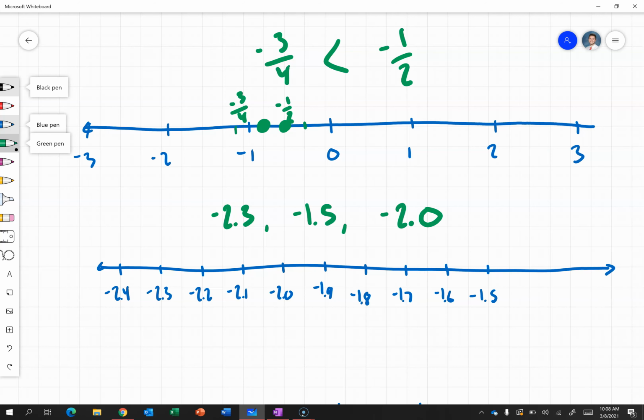So if we wanted to graph these 3 points, we can see here's negative 2.3, here's negative 1.5, and here's negative 2.0. So from least to greatest, again, farthest to the left is always going to be the least. So from least to greatest, we'd have negative 2.3, followed by negative 2.0, and finally, negative 1.5.